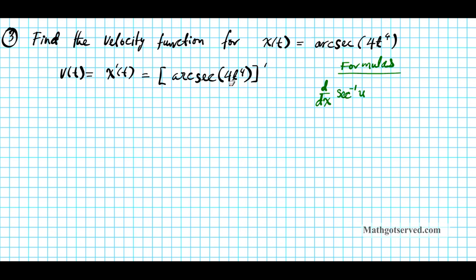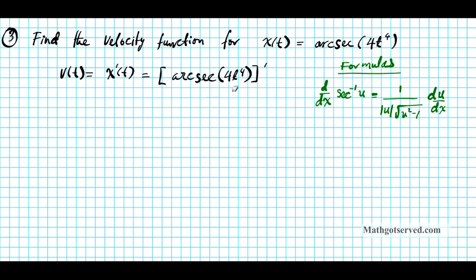U is there because the input of the arcsecant function is itself a function. So the derivative of arcsecant of u is 1 over the absolute value of u times the square root of u squared minus 1, and since we're using the chain rule, times du dx, the derivative of the inner function.